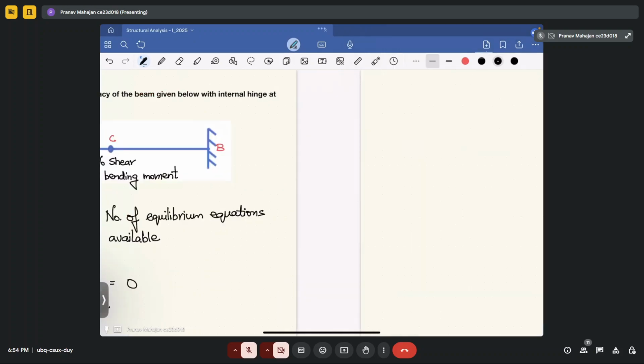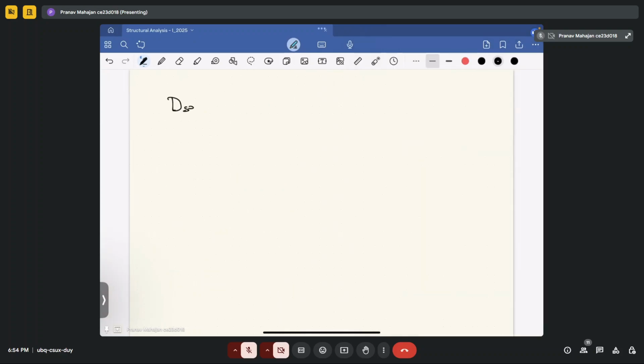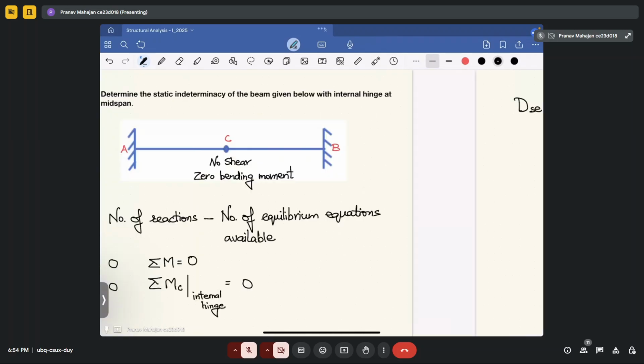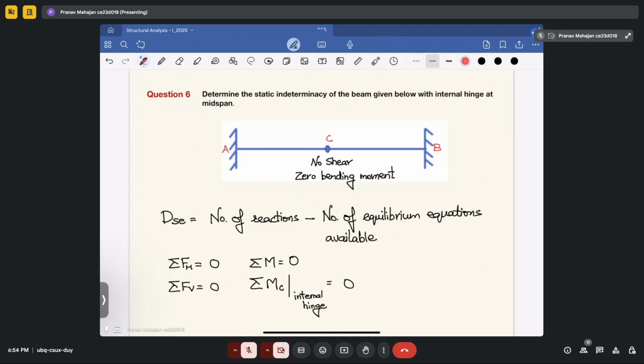So your degree of indeterminacy will be equal to number of reactions. So how many reactions will come into this picture? First, vertical reaction RA, horizontal reaction HA, moment MA, vertical reaction RB, horizontal reaction HB, moment MB.